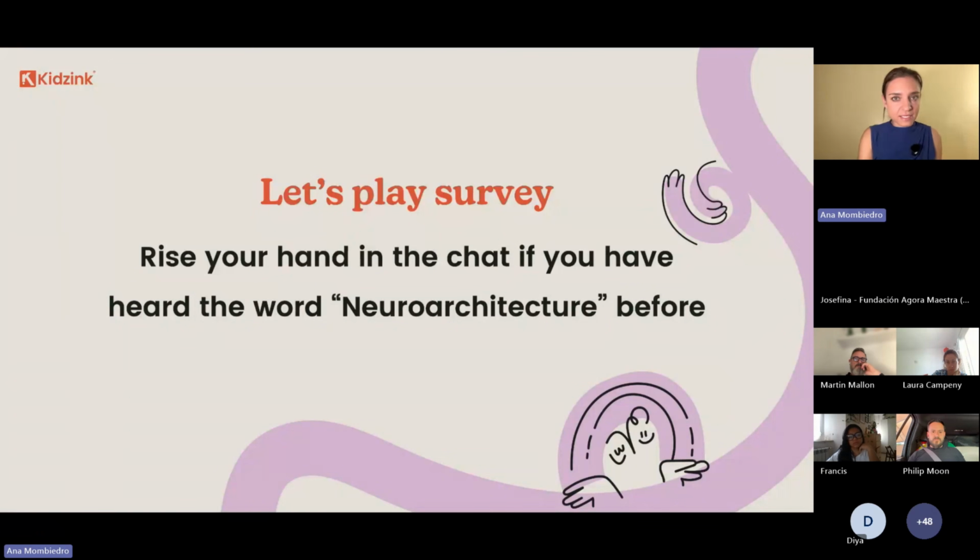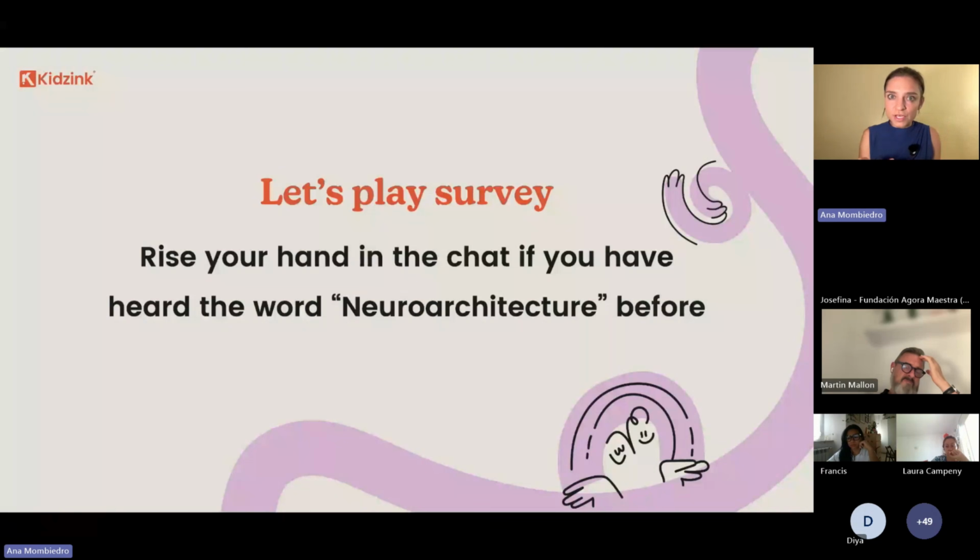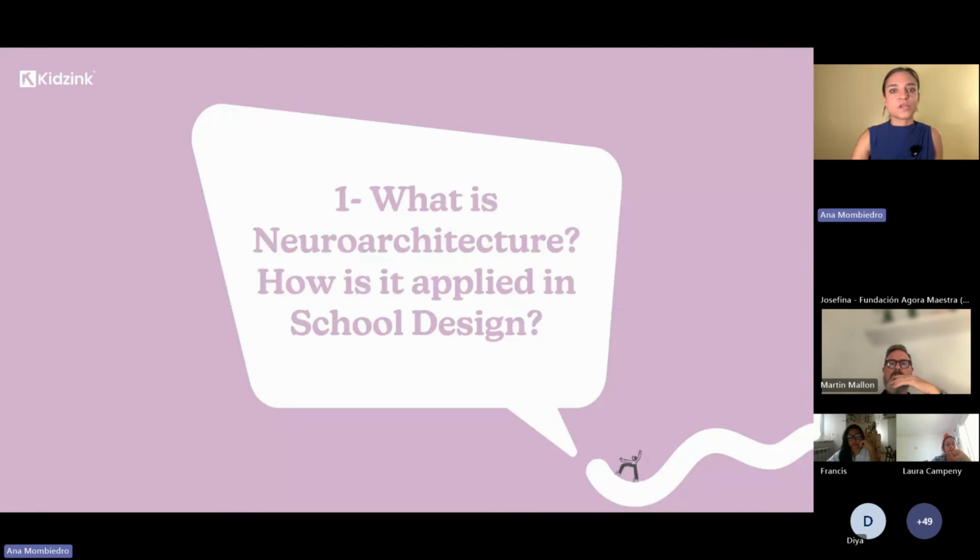And 5 or 6 years later, it is becoming a trend. And this is one of the things that I want to share with you today. Neuroarchitecture, which can seem to be a trend, is actually not a trend. It's a scientific field that is being studied in many different universities, and we've got a lot of scientific evidence about this field. And this is the core of today's webinar.